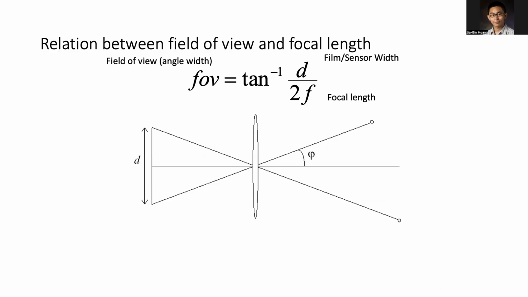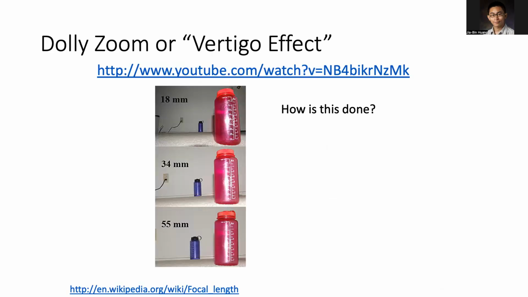Okay. All right. So one thing people can play around with is called dolly zoom. Basically, the idea is that if you capture an object and you change the field of view, for example you increase the focal length, at the same time you back up. Because when you increase the focal length, the object should become larger.